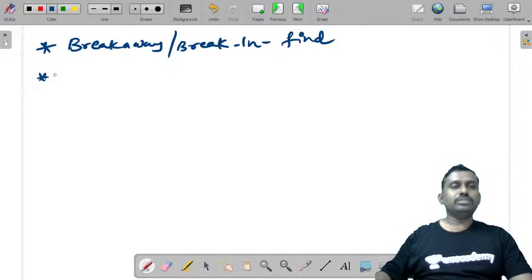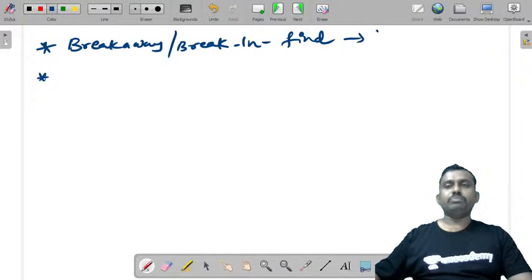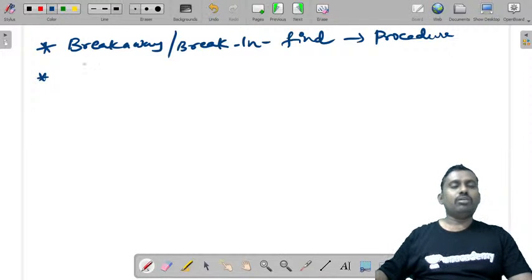This being a crash course, I'm just trying to give you a glimpse of everything, and we'll find the breakaway and break-in points. There is a procedure to do that. We'll solve one problem. You may not come across all these steps in all the problems. In some problems you may not come across breakaway and break-in points. I'll tell you where you'll get these breakaway and break-in points.